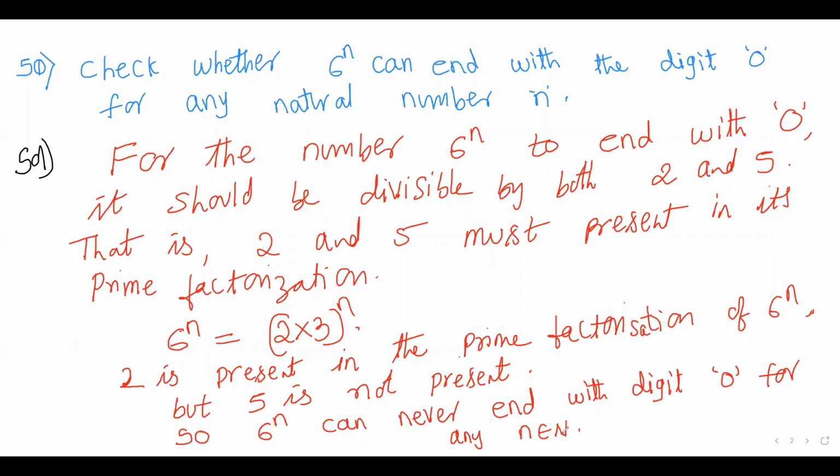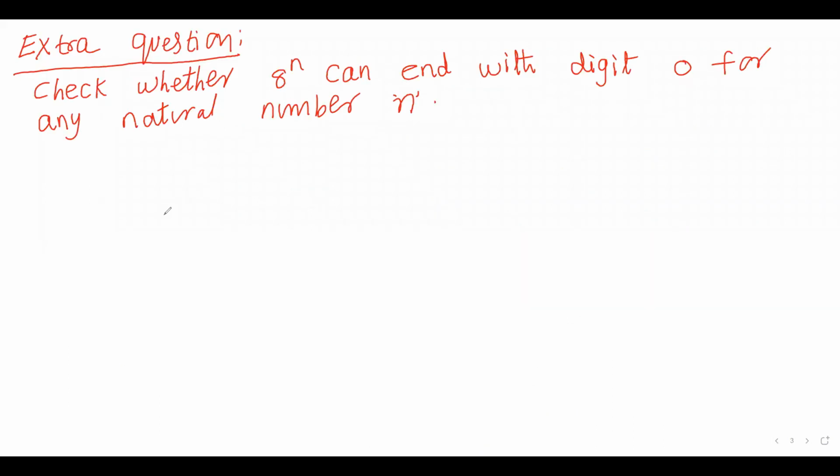You put any natural number in the place of this small n, 6 power n is not going to end with 0. So this is a theoretical type of question, and these are the necessary things you need to mention in your answer.